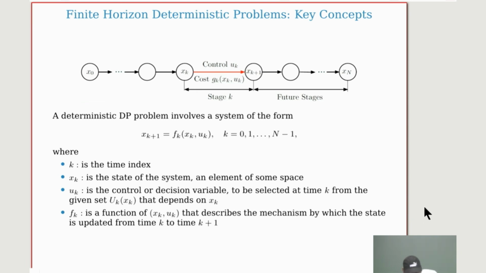We will describe this in a more concrete way when we introduce policy and so on. But this is a way to transition from k to k plus 1. So n is the horizon that we already discussed.